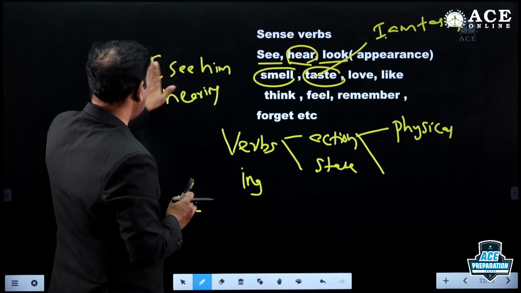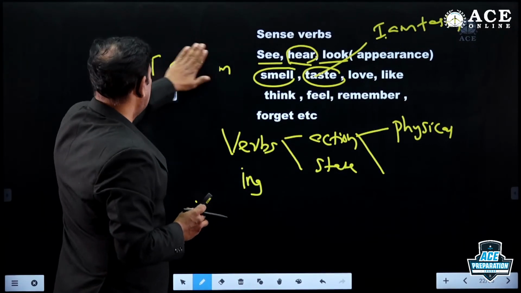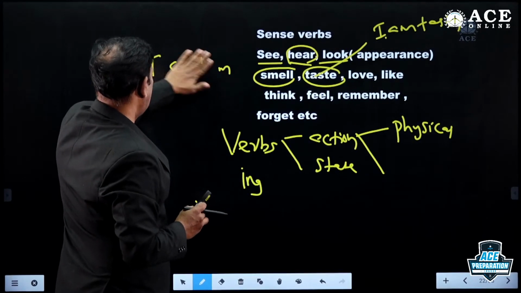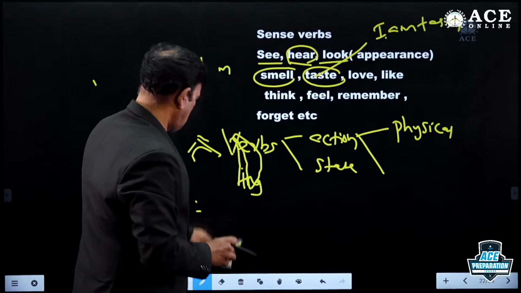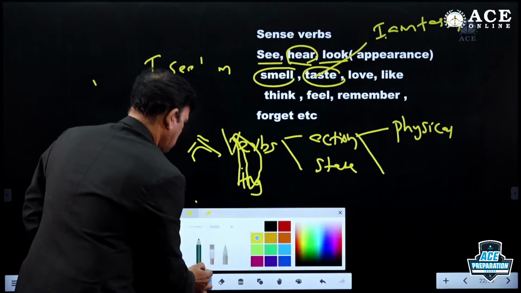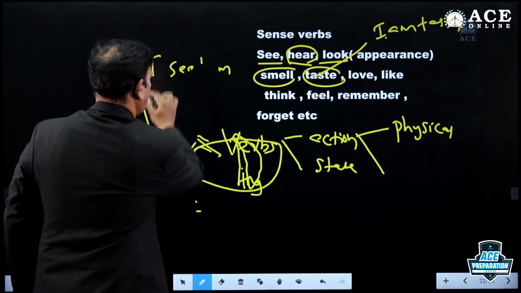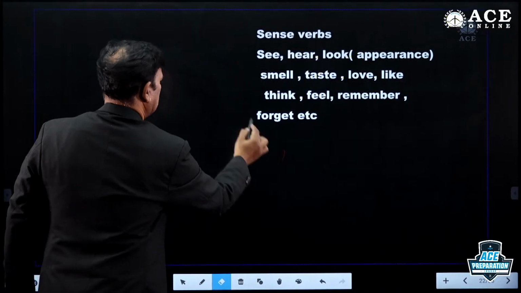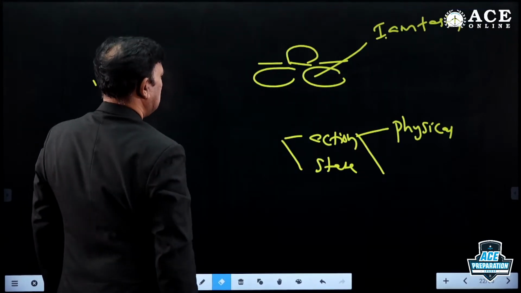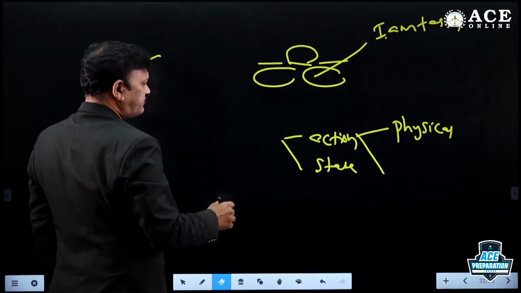Now, look at this one, guys. Another frequently used one. Okay, now see here.